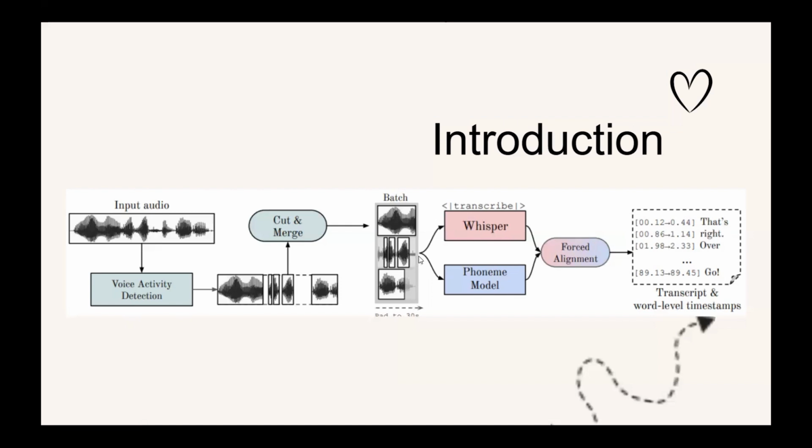Then these batches are also fed to phoneme models that make alignment with respect to the language model. By inputting this information to provide alignment, it gives you word-level transcription capability. It will also timestamp where these words occur in the speech. So that is the word-level timestamp capability of WhisperX.